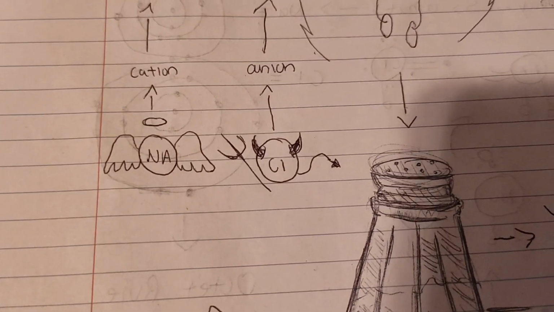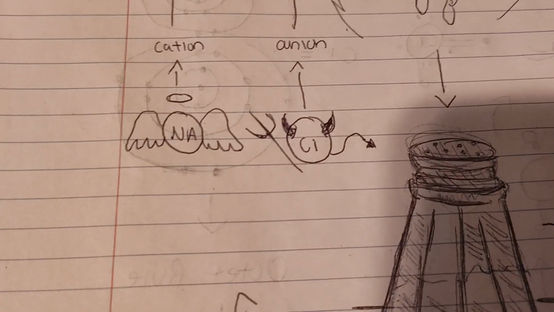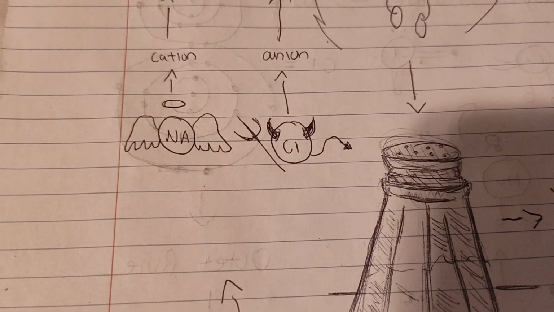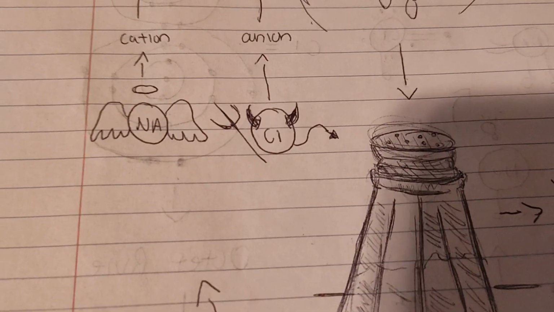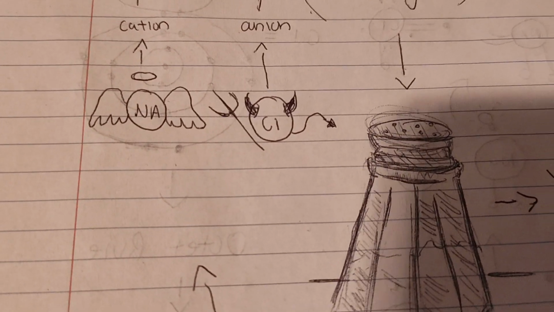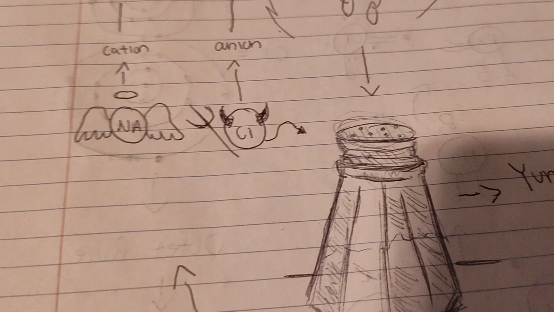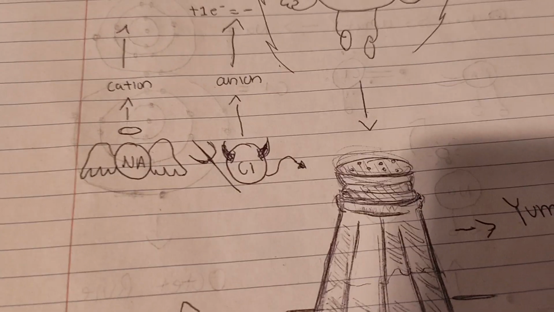Anyways, chlorine, or chloride, is called an anion because it took the electron from sodium. Sodium is the cation because it gave away the electron. You can see I did the cation as an angel and the anion as a demon because the anion stole.